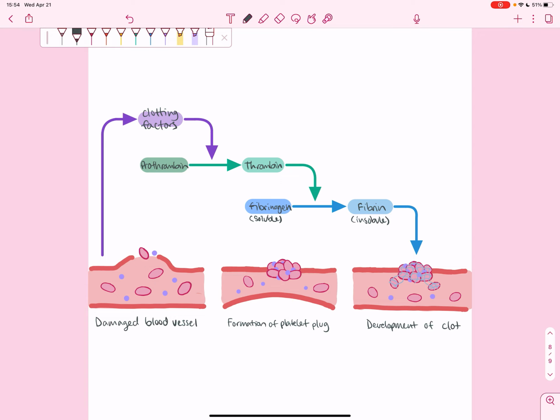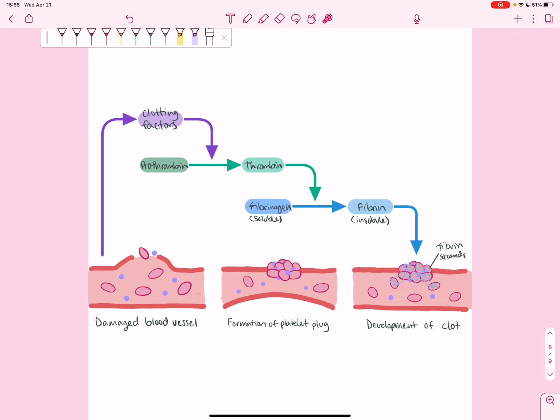And fibrin, it's these little strands here. It's maybe a little bit hard to see, but it's fibrin. Alright. And then this is officially the blood clot. So the fibrin strands adhere to this plug to form a clot.